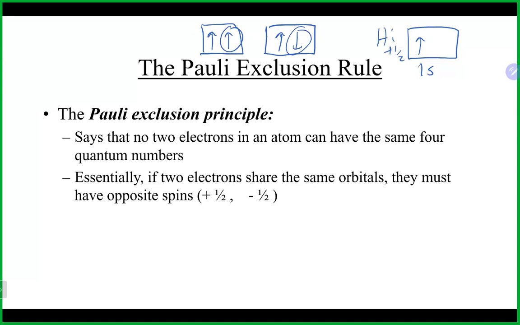So those are our two sort of options as to where we could put our next electron in there. There's actually a rule that tells us which way we should do it, and that is what is known as Pauli's exclusion rule. And basically what Pauli's exclusion rule says is no two electrons can have the same four quantum numbers. So that's like that n we were talking about, that l, that m sub l, and that m sub s.